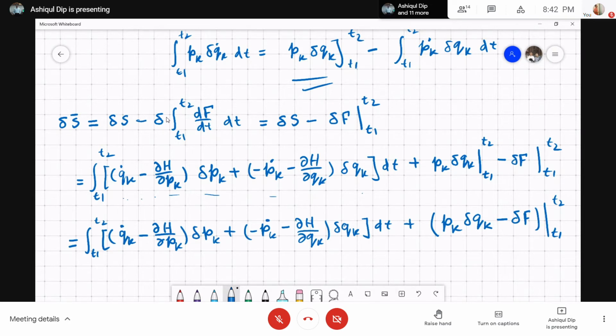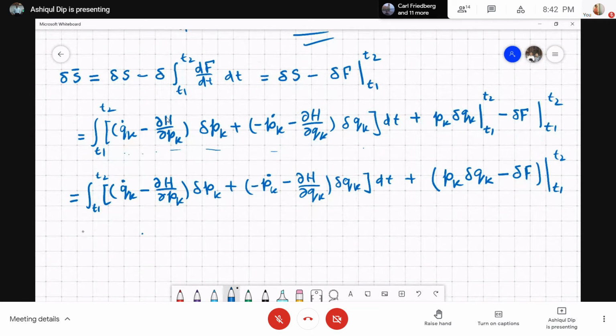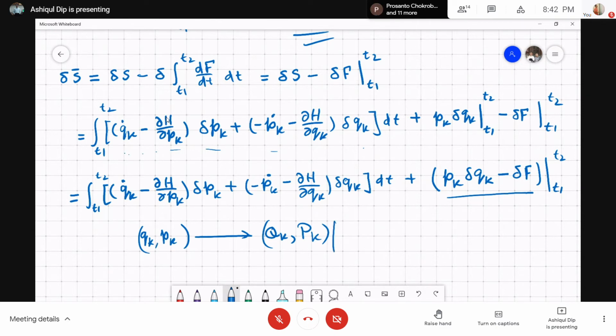Point is, we want to make a transformation such that our old coordinates and old momenta, q_k's and p_k's, become new coordinates and new momenta, big Q_k and big P_k, such that this term, p_k variation q_k minus variation f, becomes only big P_k variation big Q_k.